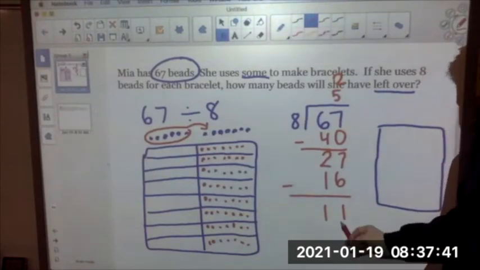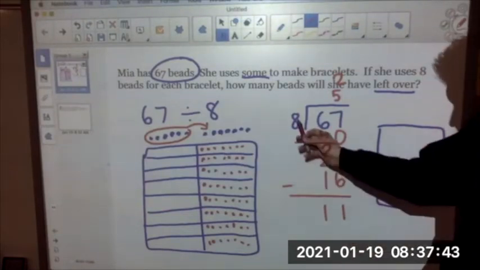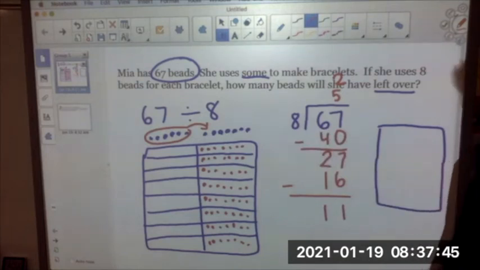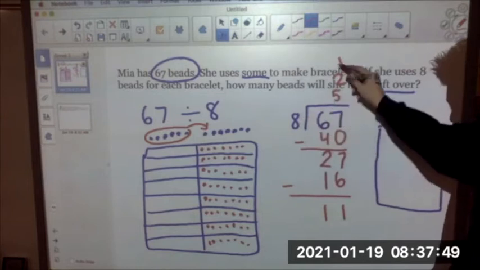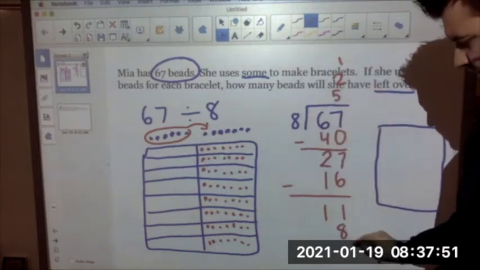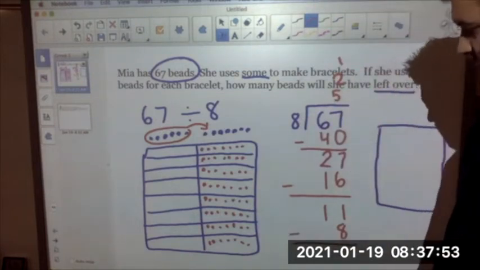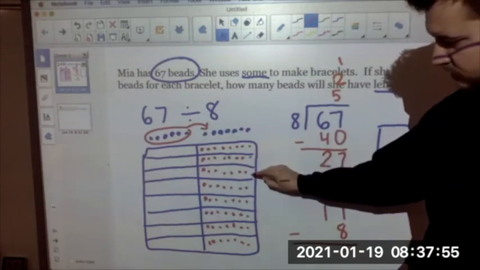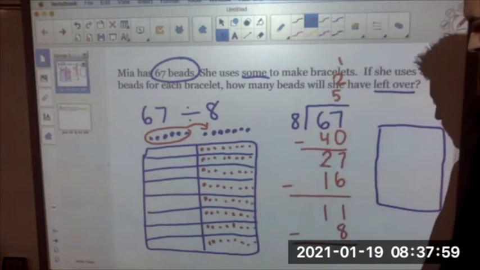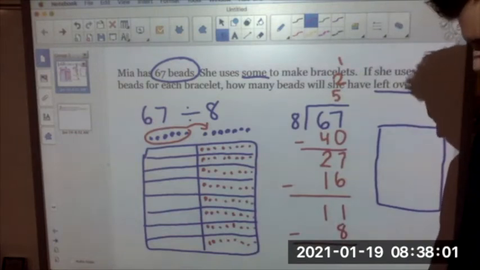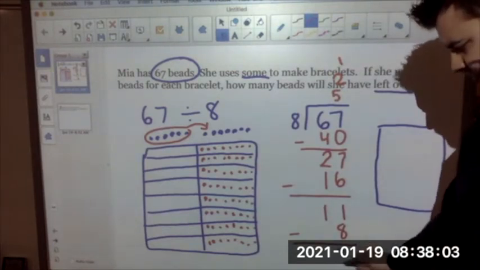We're getting smaller, but this is still bigger than 8, so I got to keep going. 8 times 1 is 8. Subtract. Got to put 1 in each group. 11 minus 8 would be 3.